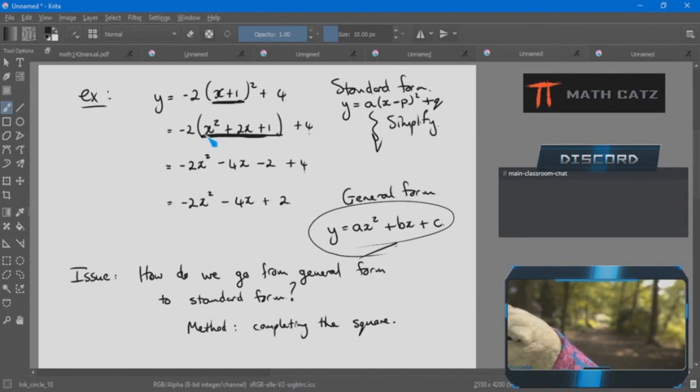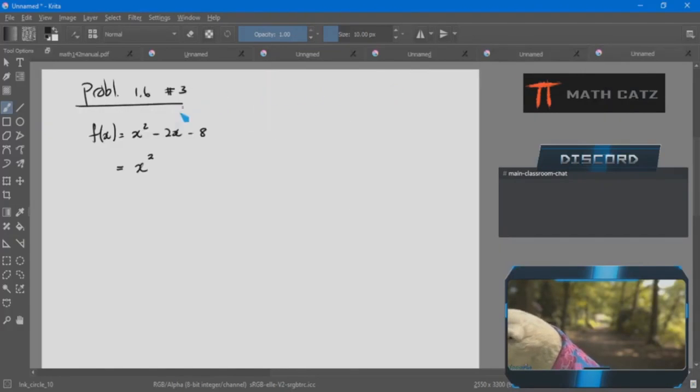There's an x squared, there's something with an x, and there's a constant term. So whether I go forward or backwards, these two groups are the same. The bracket squared is the same as this triple that need to go together to be equivalent to that bracket squared.